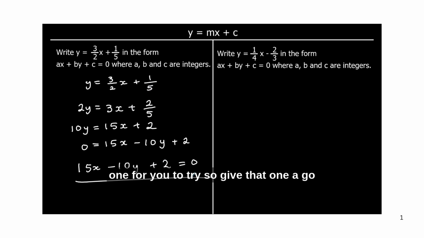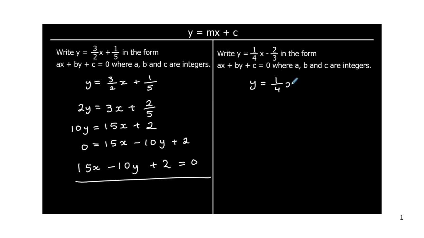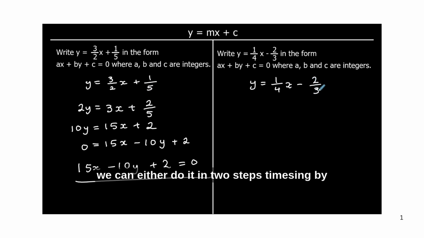One for you to try. So give that one a go. So we want to get rid of the fractions. We can either do it in 2 steps, timesing by 4 and 3, or 1 step, which would be timesing by 12. I'll just do it in 2 steps.